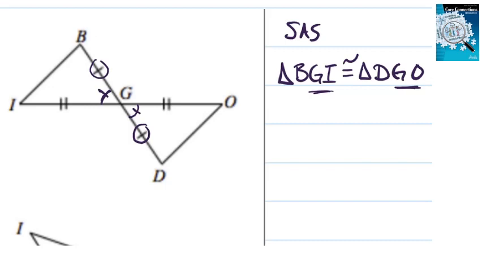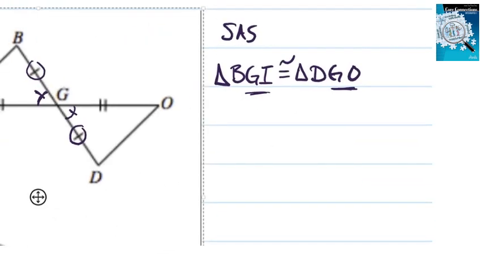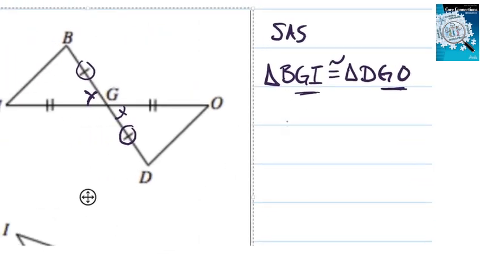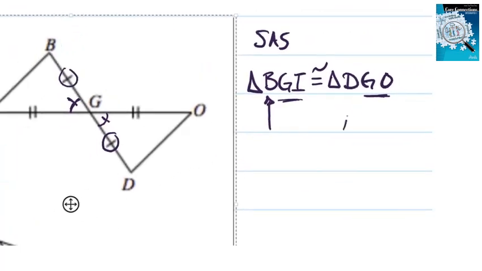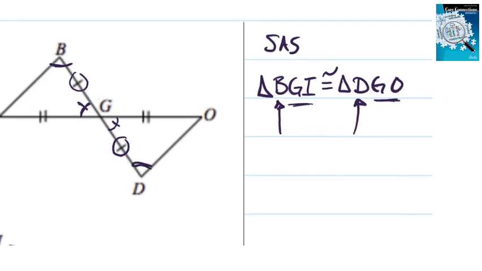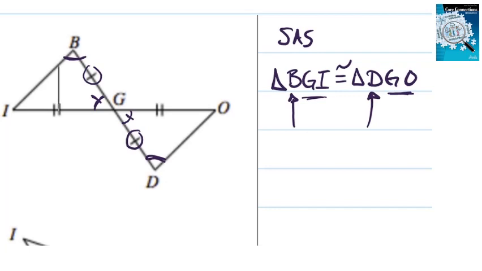So for example, angle G right here and angle D right here are in the same spots, which means that this angle and this angle are congruent. Now that I've got those congruent triangles, I know that those angles have to be congruent. That's not part of the problem. Again, I want you to just list the triangle congruence condition that supports it and write a triangle congruence statement like that.